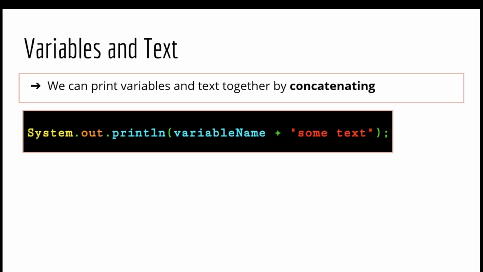It is done by putting a plus sign between the variable name and the text you want to print, so we can effectively print our output with text and variables. To make this clearer, I'll show everyone what this looks like.